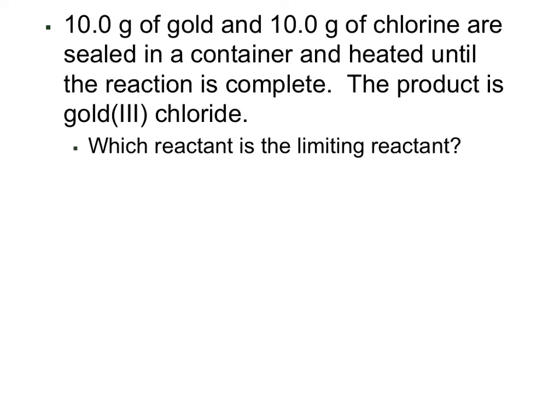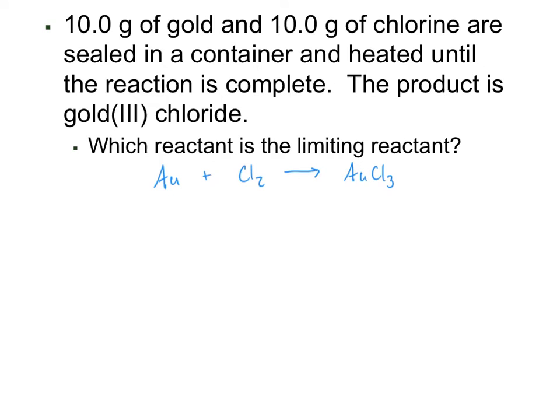Our first step is going to be to write out our balanced chemical equation. We have gold reacting together with chlorine, which recall is a diatomic, in order to form gold-3 chloride. And then in order to balance this equation, we can see that we have an odd number of chlorines in our product side and an even number in our reactant side.